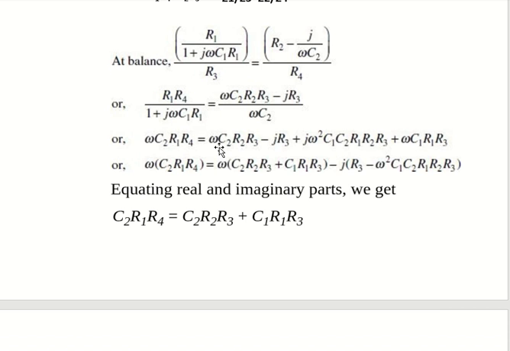Next, take omega outside from the real part. Omega into C2 R1 R4 equals, this is one real part, here also a second real part. From this equate the real part, you will get C2 R1 R4 equals C2 R2 R3 plus C1 R1 R3. Then write the imaginary part here.